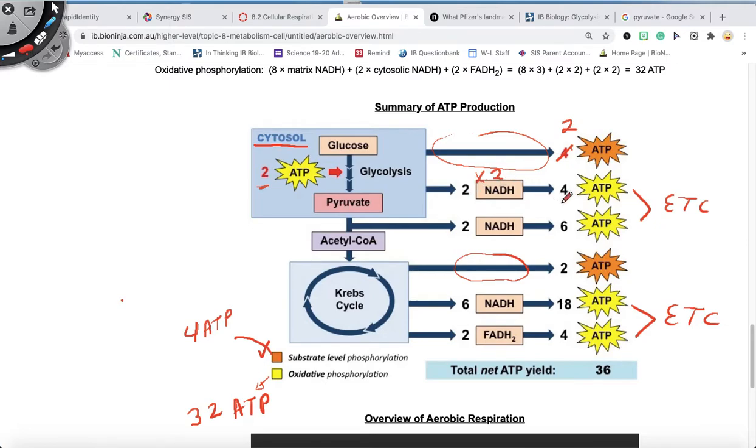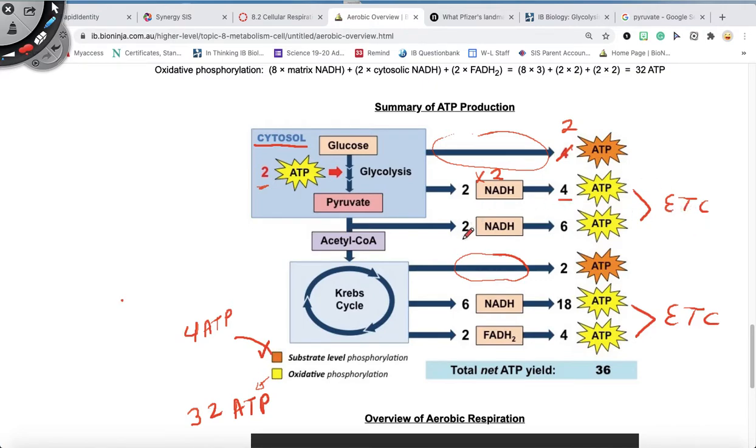So if you do the math here, 4 ATP molecules are released through these 2 hydrogen carriers that are made in the cytoplasm and then taken to the electron transfer chain.